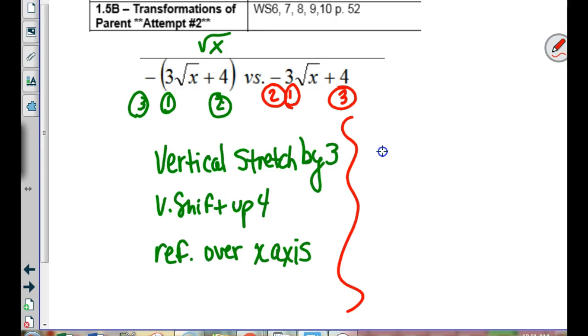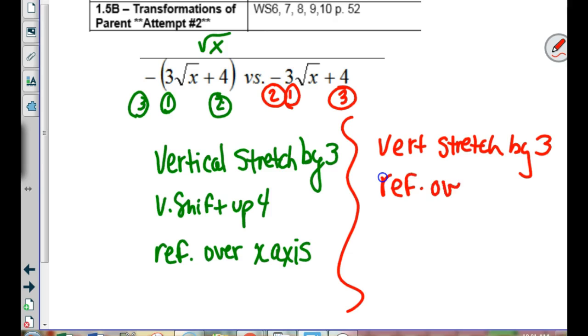There is a reflection over the x-axis. Yep, the vertical stretch first. Then reflect over the x-axis. And then shift up 4.